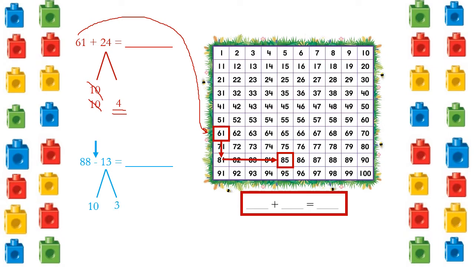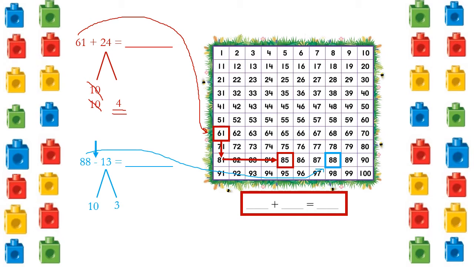Now, because we're subtracting, we're not going to go down and to the right. We are going to do everything in the opposite direction. So we'll find 88 on the 100 chart, which we just did. Okay, and you can see it's right there.